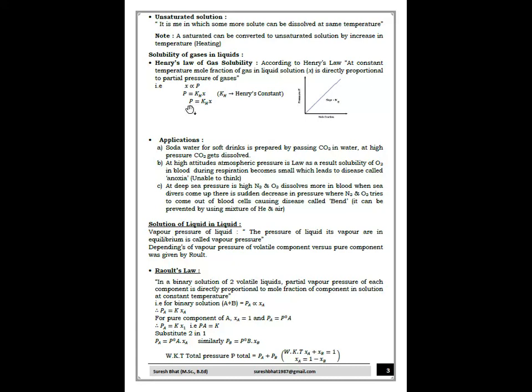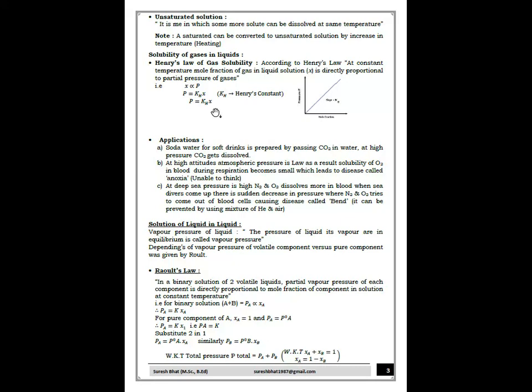Sometimes they may ask, write the Henry's law equation and explain the terms. P is partial pressure of gas, KH is Henry's constant, and chi is called the mole fraction of gas in liquid solution.